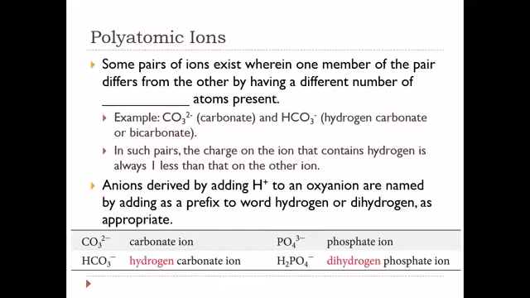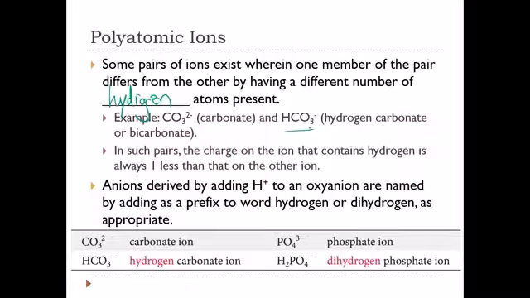While the oxyanions differ in terms of how many oxygen atoms are present, there are some pairs that differ in terms of the number of hydrogen atoms present. For example, carbonate, CO3 2 minus, and hydrogen carbonate or bicarbonate.